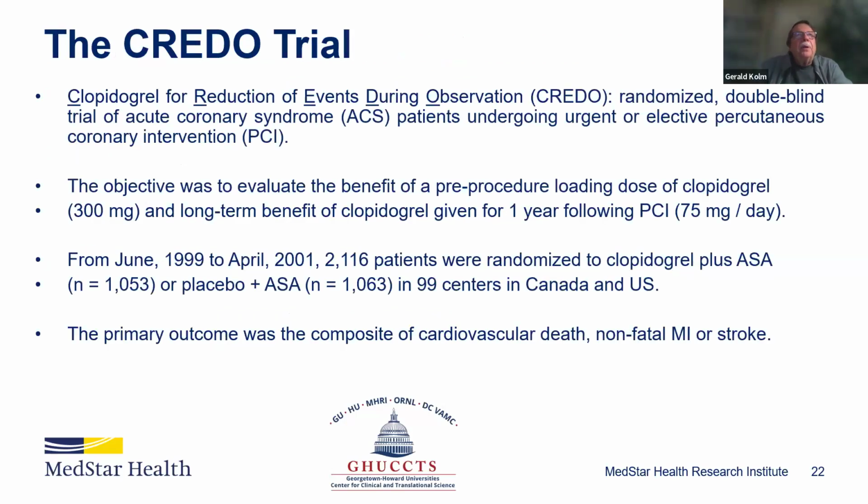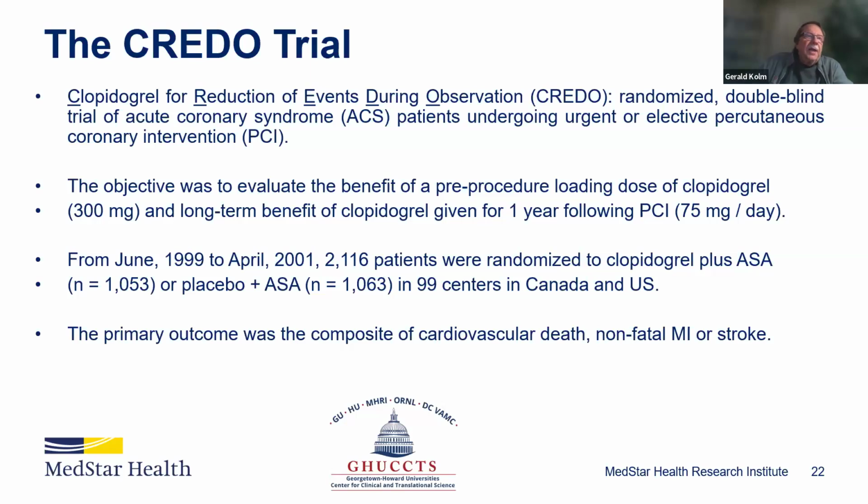So I want to give an example here from the CREDO trial. Again, this is a really old study, but this is looking at clopidogrel and just placebo versus ASA, aspirin alone. And so this study enrolled over 2,000 patients.